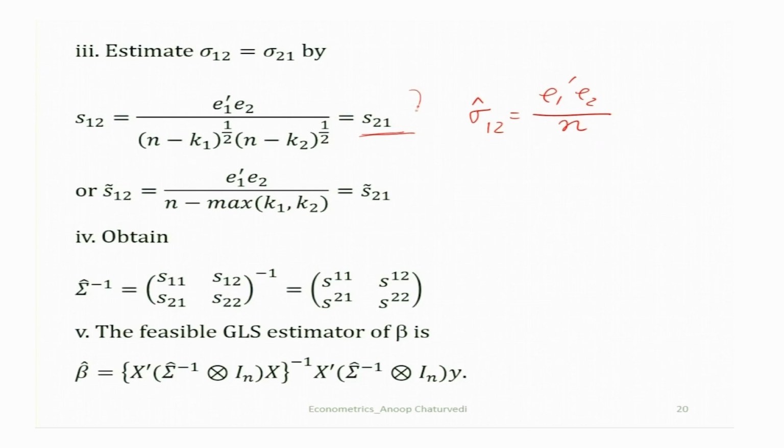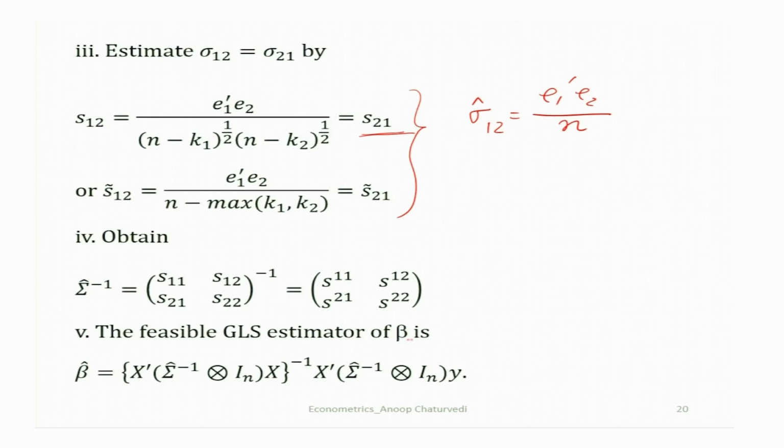So, you can use any of these estimators, and then we obtain sigma hat inverse equal to the inverse of the matrix with entries s 1 1, s 1 2, s 2 1, s 2 2. Then it is equal to the matrix with entries s superscript 1 1, s superscript 1 2, s superscript 2 1, s superscript 2 2.